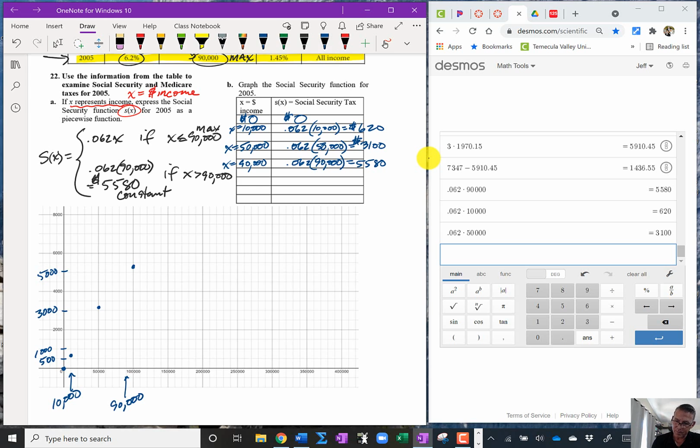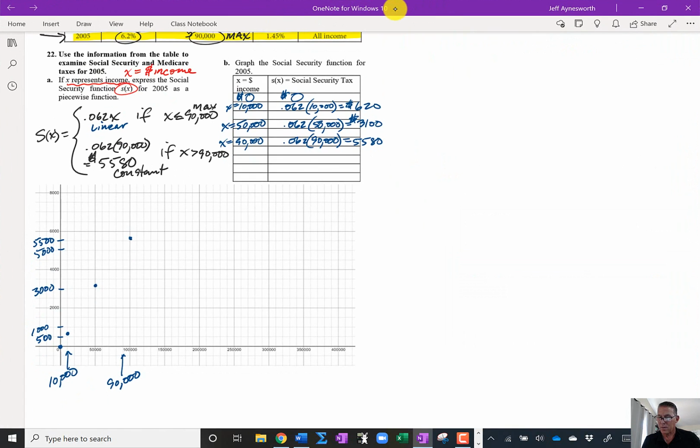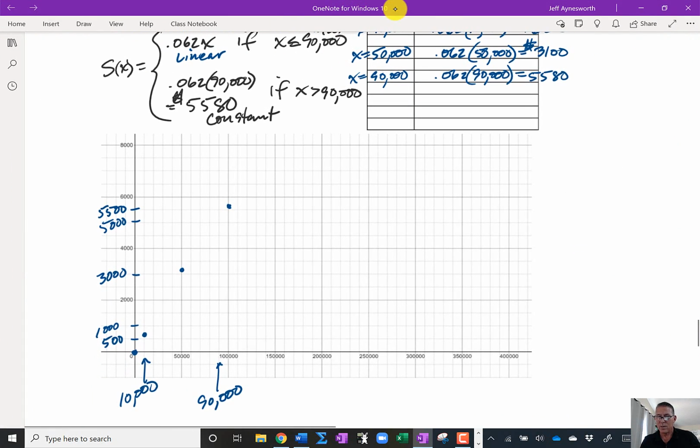Okay, so my points didn't line up exactly because I need to approximate a little bit better. So let me see here. 3,100. Let me just see, 5,580, 3,100. This one should be a little higher here.